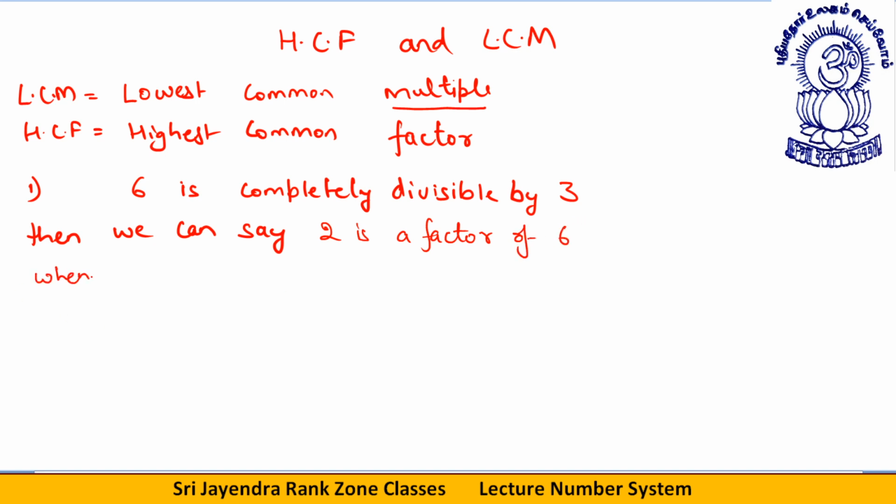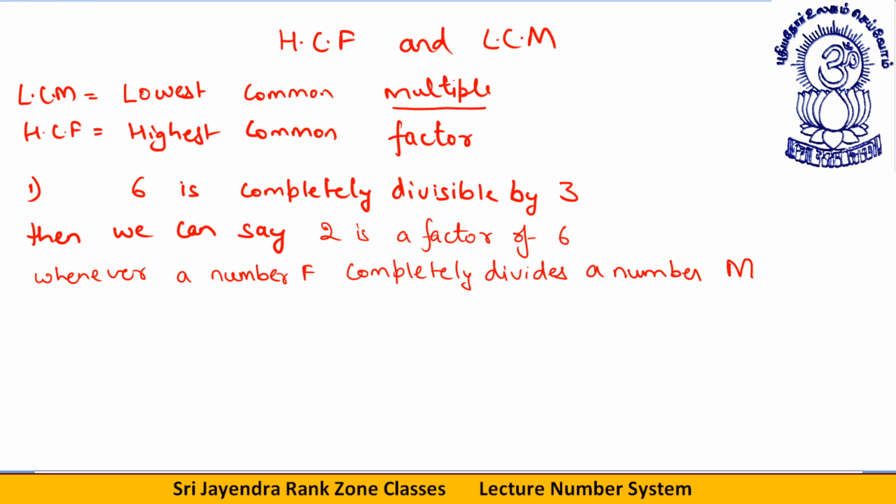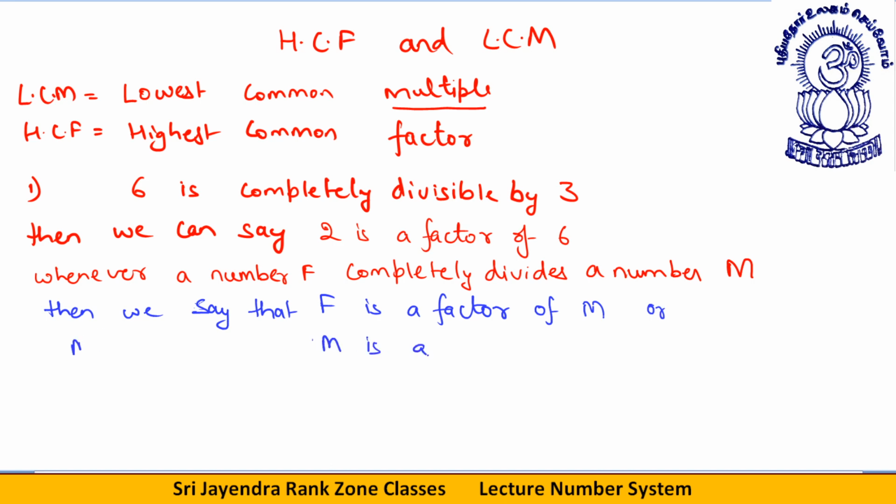So what I can say, whenever a number, let's say the number is f, whenever a number f completely divides a number m, then we say that f is a factor of m, or m is a multiple of f.